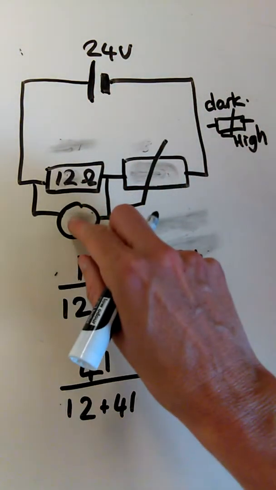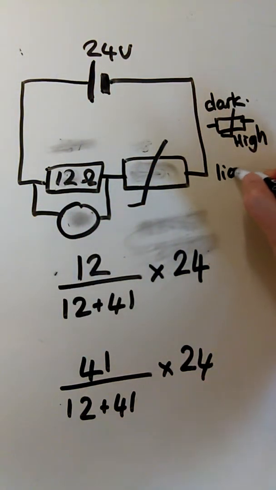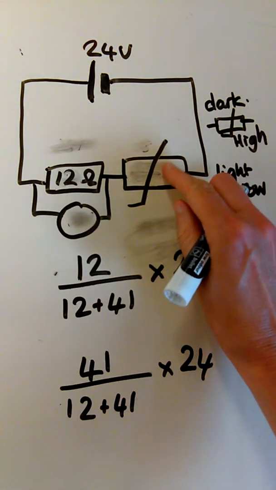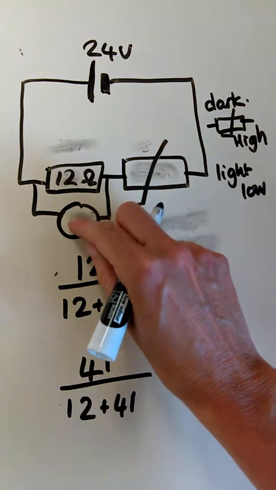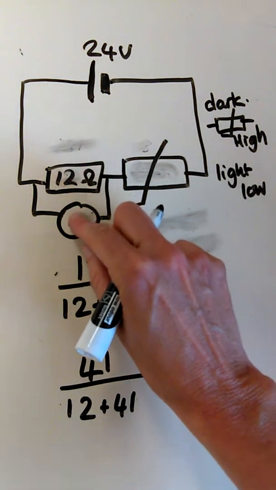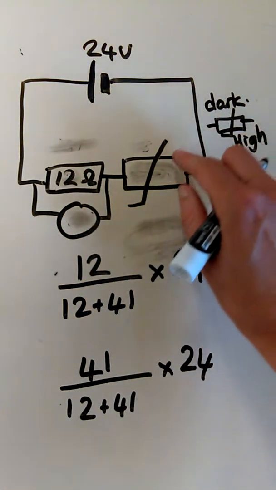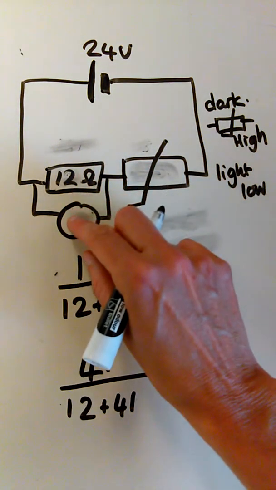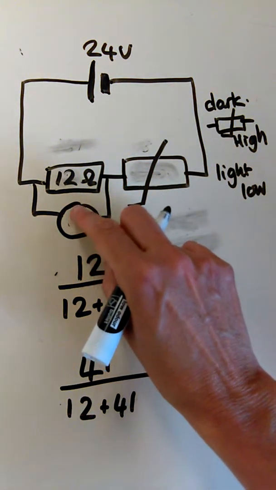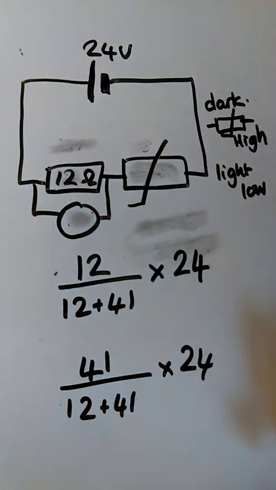So this is going to be lower. And in the light, it's going to have a low resistance, so it's going to have less of a share. So the potential difference over this would be higher. So over this fixed resistor, in the dark, because that's high resistance, it gets less, that's going to be low. And in the light, that's going to increase.